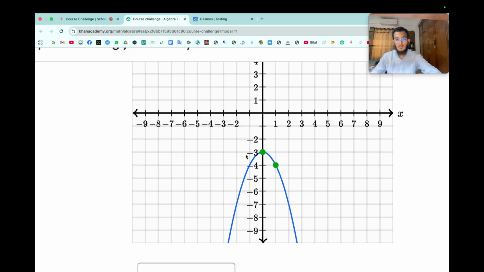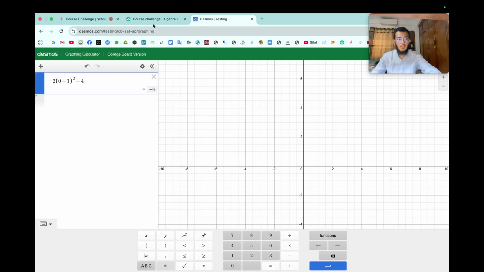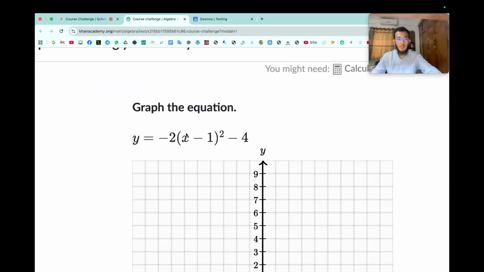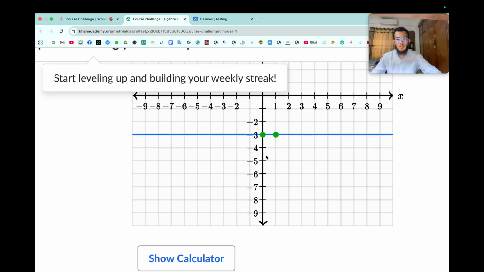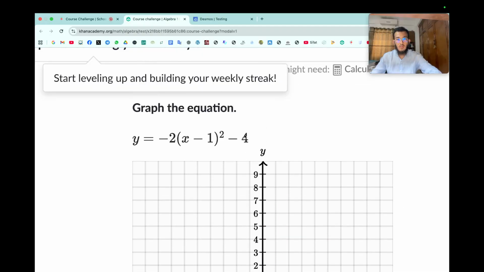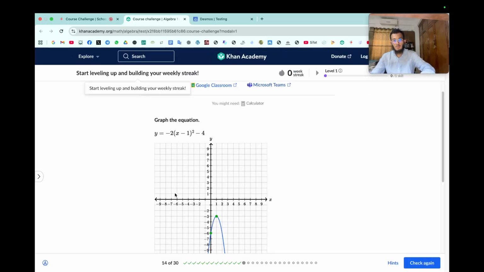So y equals this thing. If we plug in x equals 0 here, it gives us negative 6. So negative 6 and 1 are okay, but the vertex. Okay, let's find the roots for this one.